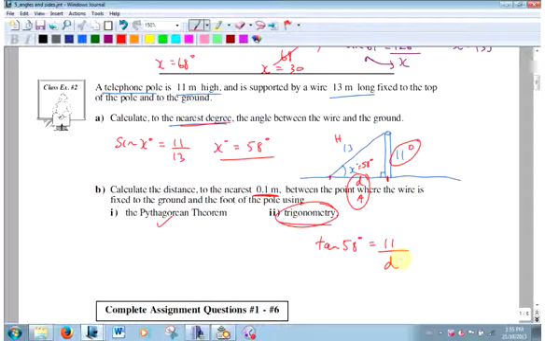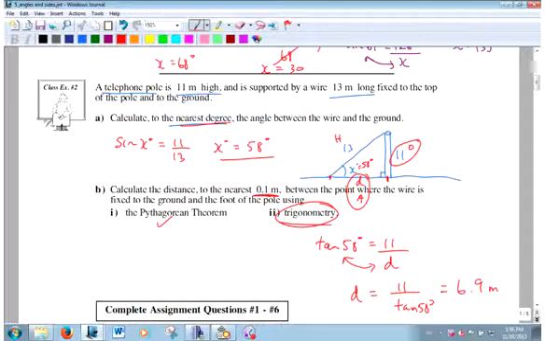Okay? If it's on the bottom and we're trying to solve for it, what's our little trick? Swap. D is 11 over tan 58 degrees. Okay? If you put that in your calculator, I should get to the nearest tenth 6.9. What's the unit? Meters.